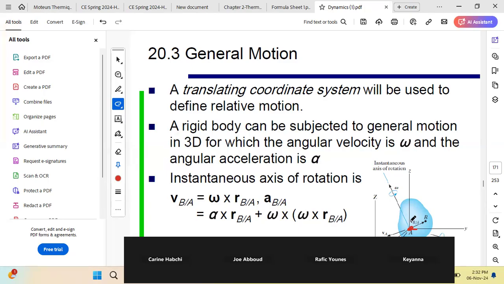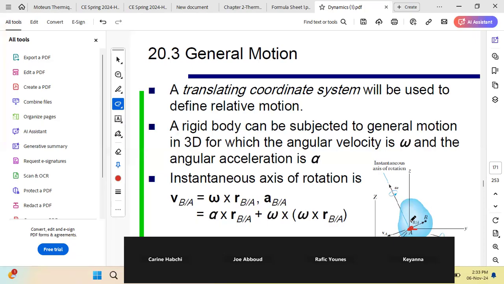Pay attention to this, okay? So in case you found your instantaneous axis of rotation, all points on it will have 0 velocity, okay?